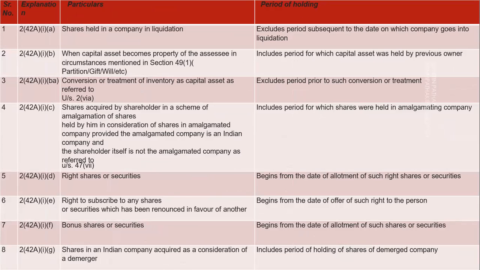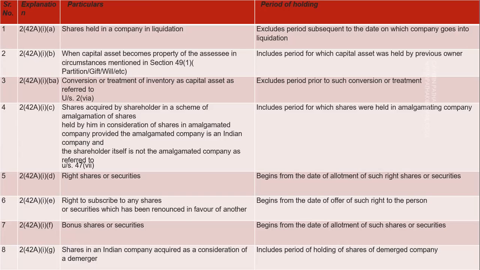When a capital asset becomes the property of the assessee in circumstances mentioned in section 49(1), if I got a share in partition of HUF, if I got it from a gift, if I got it from a will, if I got it through an irrevocable trust, the period of the previous owner would also be covered for the purpose of calculation under section 2(42A).